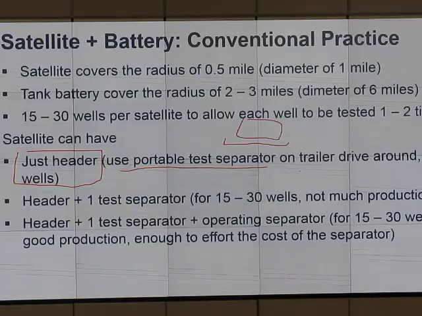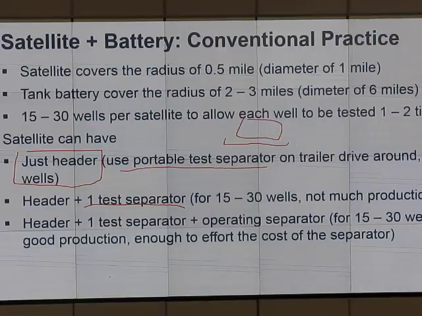If you have many valves but they don't produce much, you may decide to have a header plus 1 test separator, with no actual separator, just a test separator. Once you test it, you dump everything together and it goes back to the line. You don't actually separate it, you just test how much is each phase.